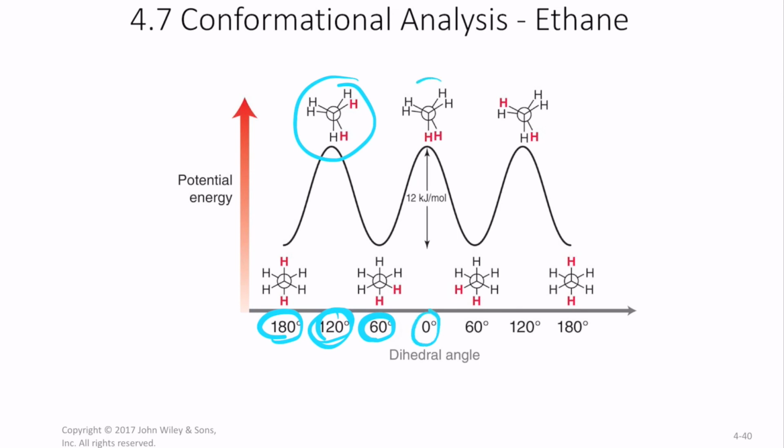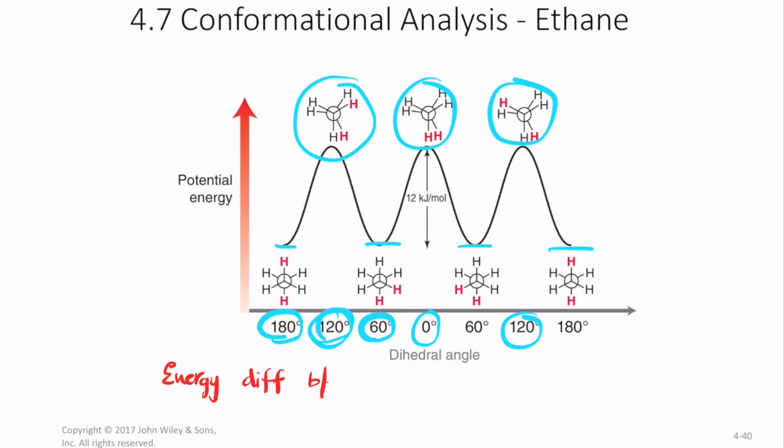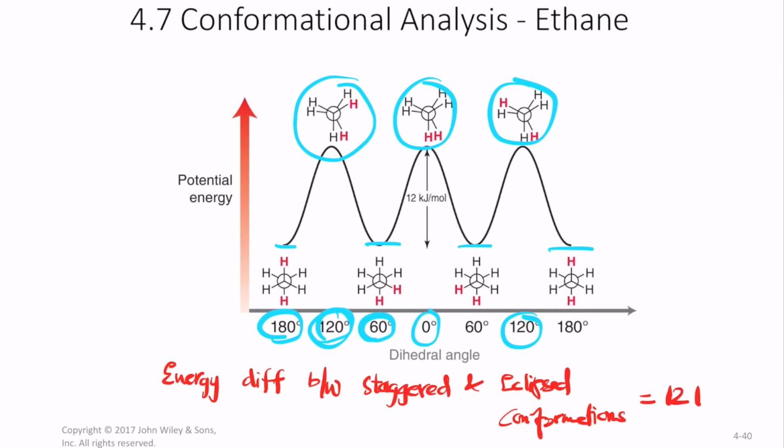Again at 0 degrees you get the eclipsed configuration, at 120 degrees you get one eclipsed configuration again, and the lowest energies are at 180, 60, 60 and 180 again. So the energy difference between the staggered and eclipsed conformations is 12 kilojoule per mole.